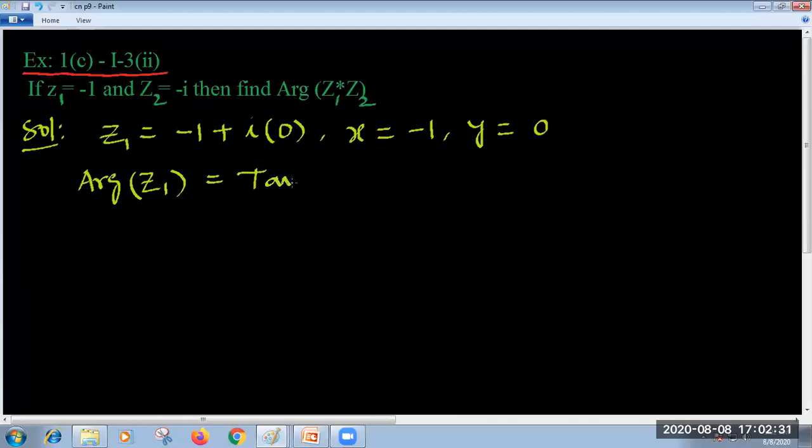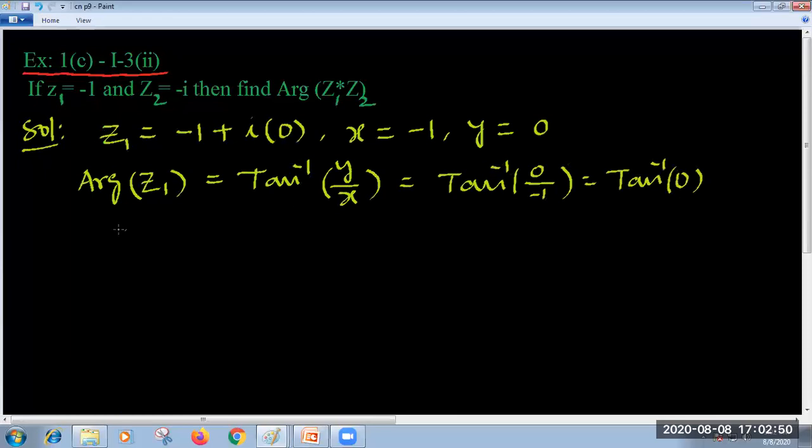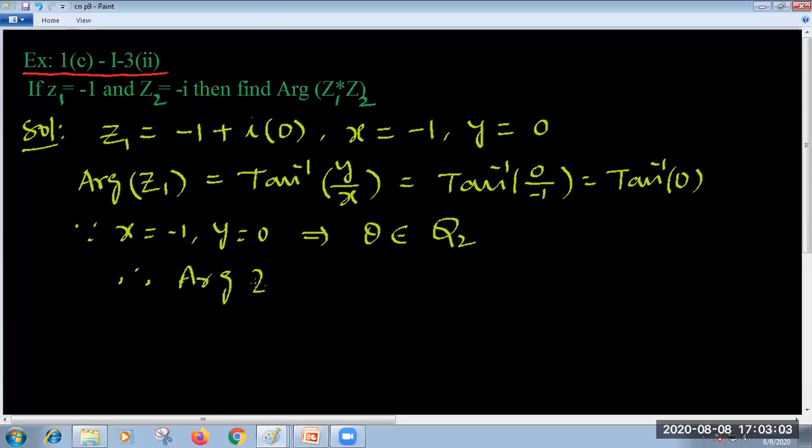Tan inverse y by x is equal to tan inverse 0 by -1. So 0 by anything is 0. Since x is negative and y is 0, the angle lies on the negative x-axis. Therefore, the argument z1 is equal to 180 degrees.